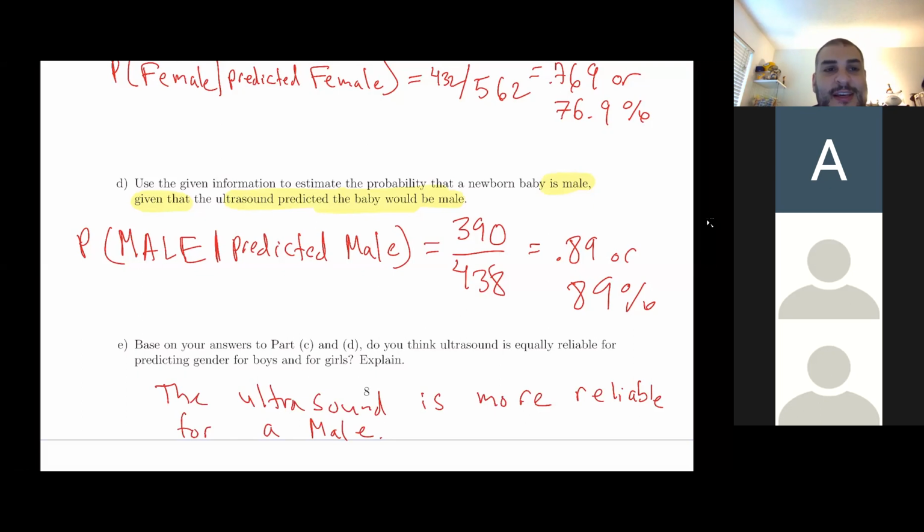That is saying if you're a male, the ultrasound will make a better prediction, versus if you're female, it's only going to be right 76 or 77% of the time, versus for a male, it's going to be right 89% of the time. So for this problem, we'll say there is an association. Any questions for this last problem?